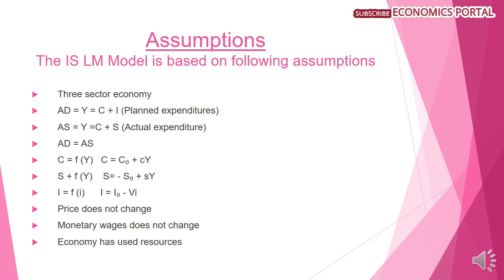Next assumption is investment is a function of rate of interest, and we can see investment is equal to I naught minus Vi. The negative sign with interest rate shows as the interest rate increases, the investment decreases. So there is a negative relationship between investment and rate of interest.